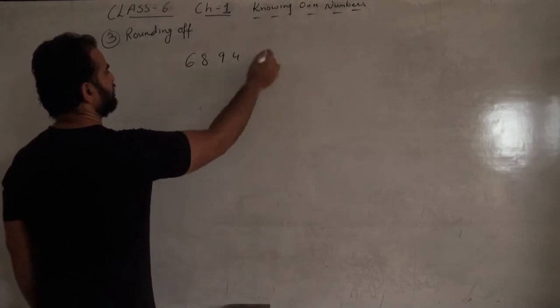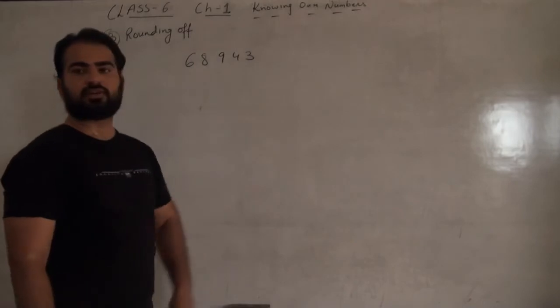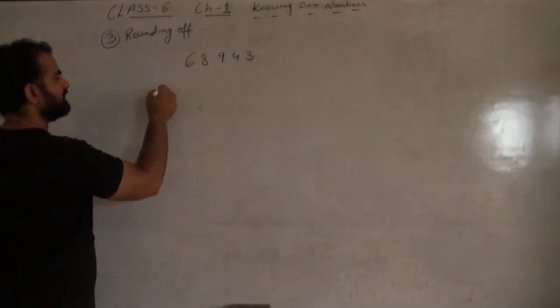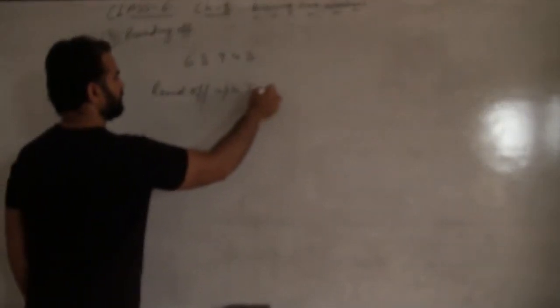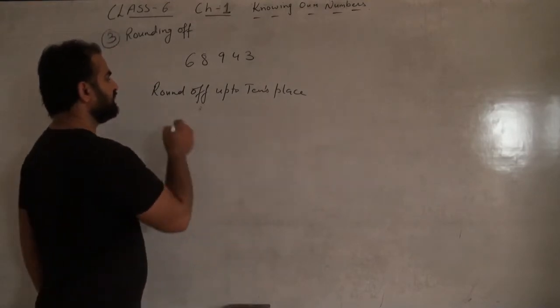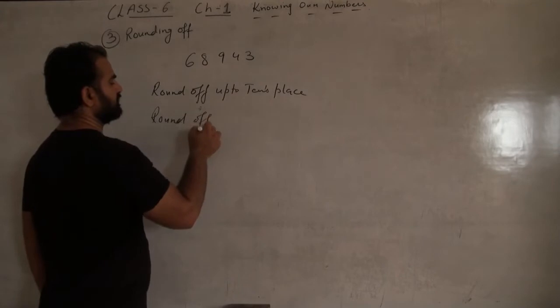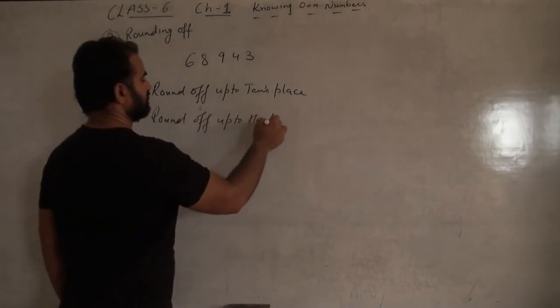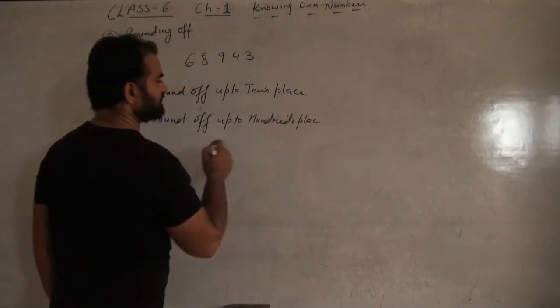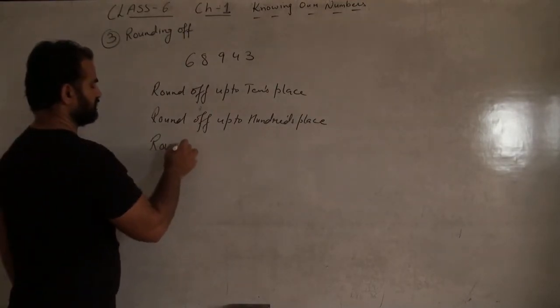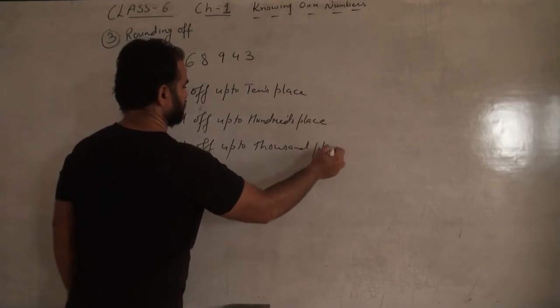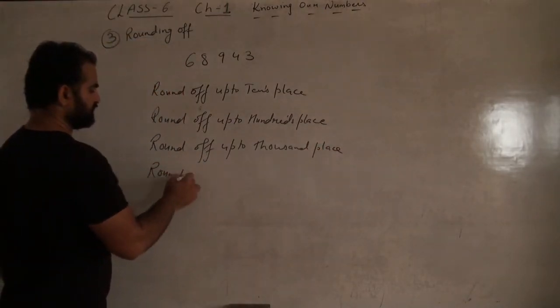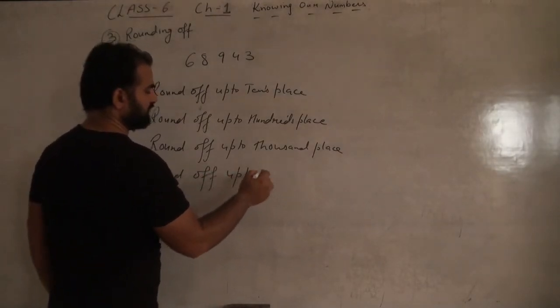68,943. First of all, write the number and round off up to tens place, then round off up to hundreds place, next thousand place, and round off up to 10,000 place.